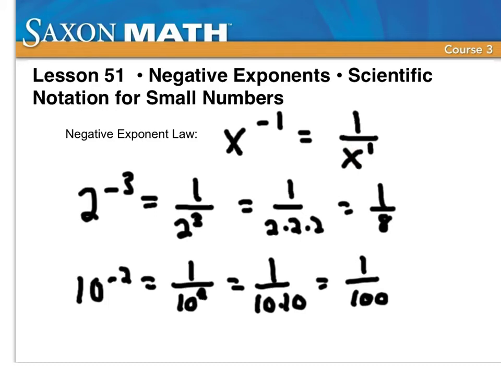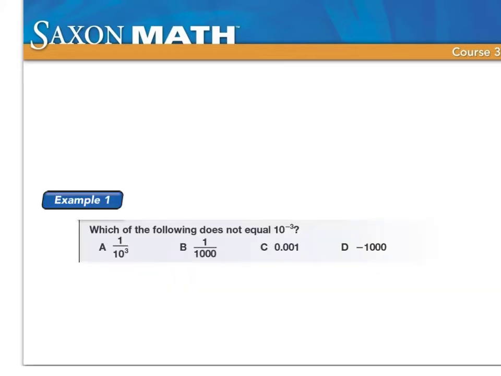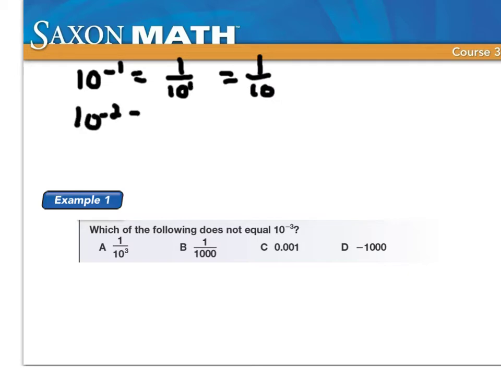Okay? So, let's go on to some more examples. Example 1 says, which of the following does not equal 10 to the negative third? Okay, well, let's look at our negative exponent law here. We know that 10 to the negative first is the same as 1 over 10 to the first power, or 1 over 10. Okay, likewise, 10 to the negative second power is 1 over 10 to the second, which is 1 over 10 times 10, which is the same as 1 over 100.